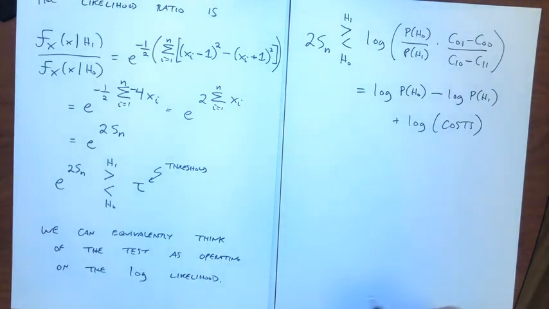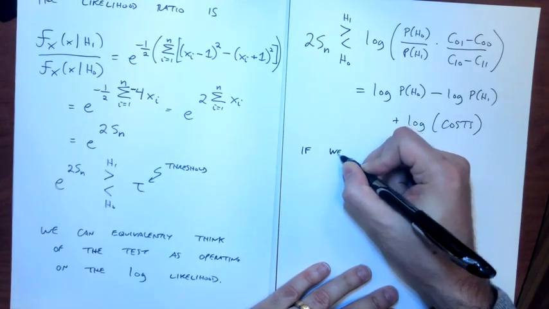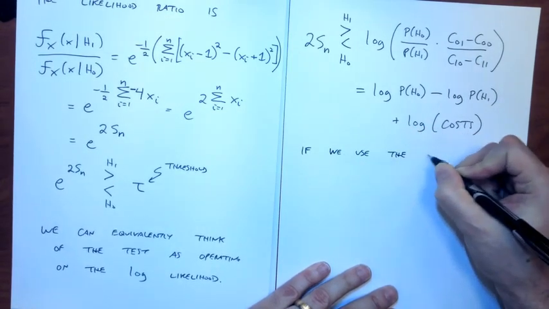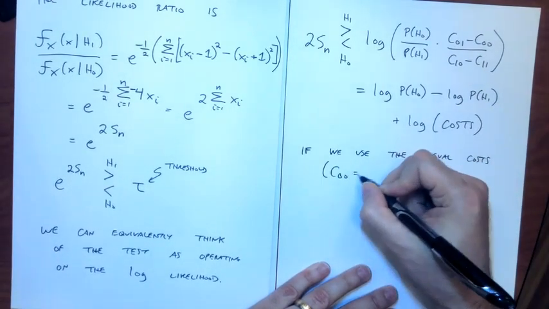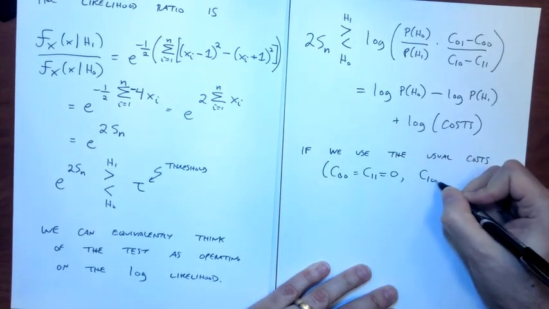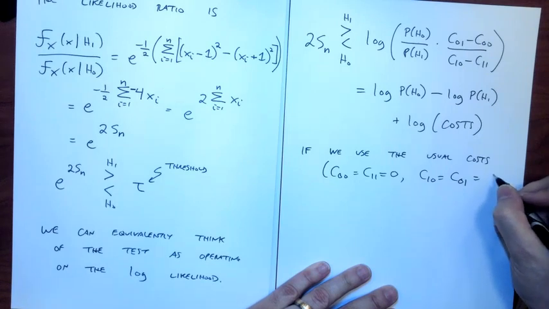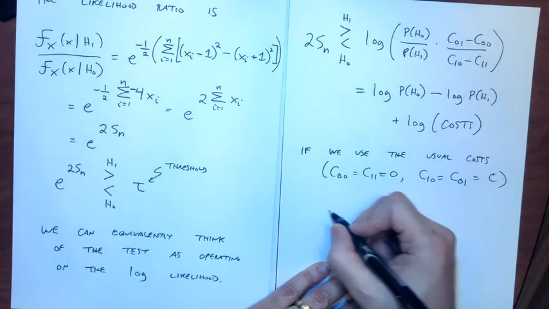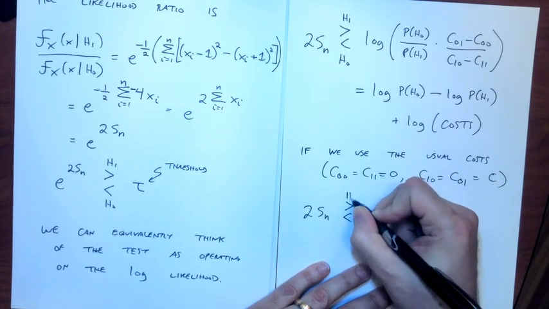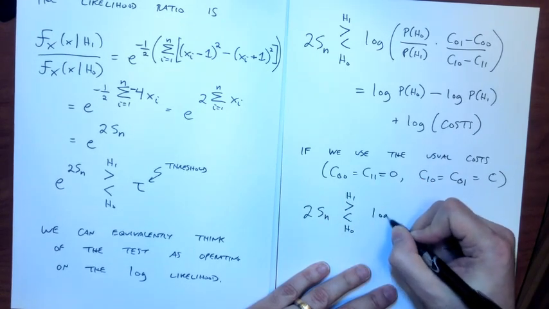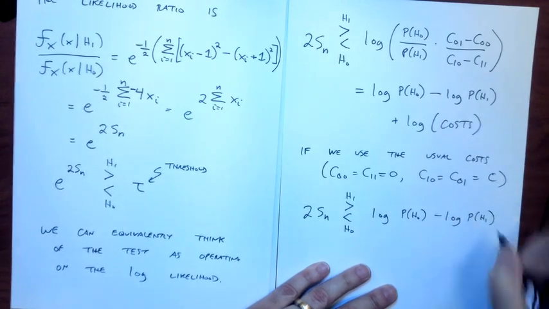So let's suppose that I make life even easier, and I say that we use the usual costs, by which I mean no penalty for right choice and the same penalty for the wrong choice, whatever, that stuff will cancel out. Then the likelihood ratio is basically saying I compare the sum to this number here, getting rid of all that stuff.